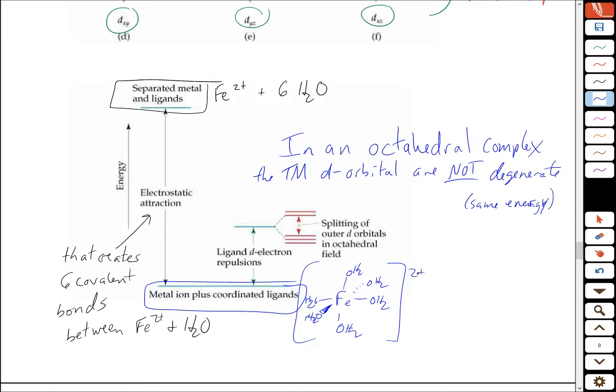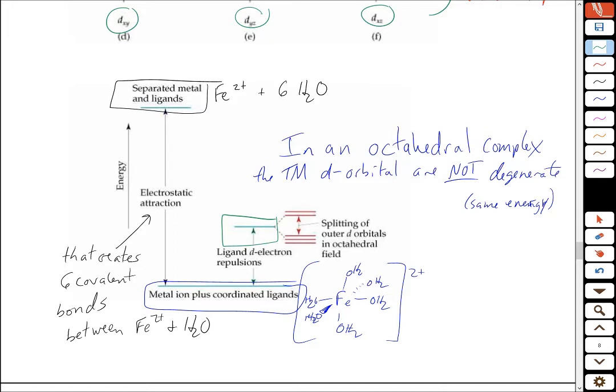But once we've formed that complex, the electrons on the water molecule ligands are now going to create electron repulsion to the d orbitals. And so we're now here. That raises the energy of the system slightly because of that electron repulsion.